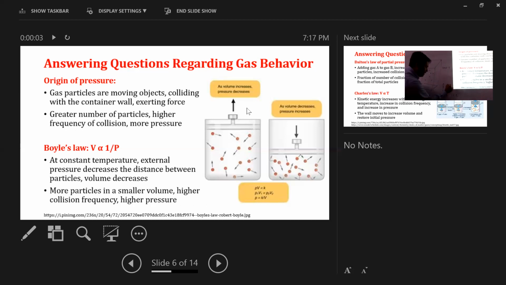Now, if we add another A, this A can collide with this B and that B, so overall we have 2 by 2. So as the number of molecules increases inside the container, the possibility of collision increases. Therefore, the pressure also increases. So greater number of particles, higher the frequency of collision.